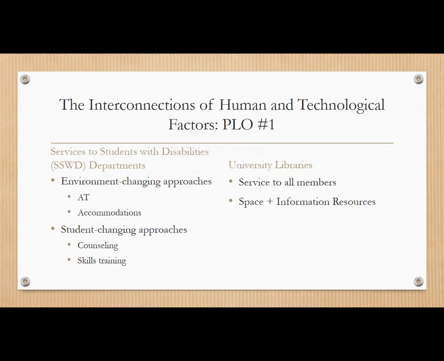The first PLO covered is to identify, distinguish, and synthesize the interconnections between human and technological factors. This is covered in the second chapter of my final paper, entitled The Interconnections of Human and Technological Factors.